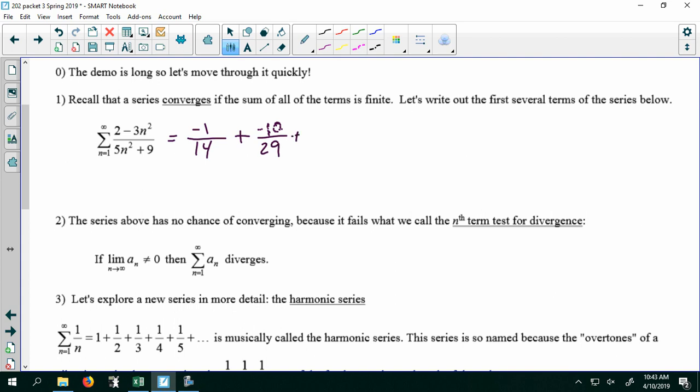Then you plug in n equals 3 and you get -25 over 54. Plug in n equals 4 and you get -46 over 89. Do a couple more: -73 over 134 when you plug in n equals 5, and one more, n equals 6, you get -106 over 189.